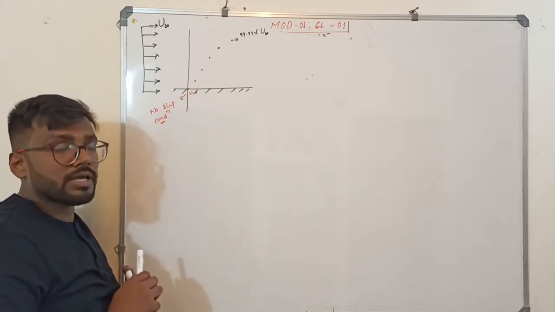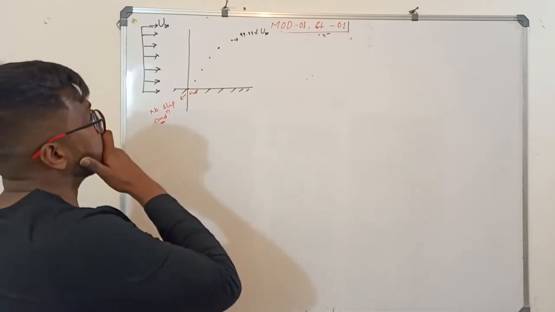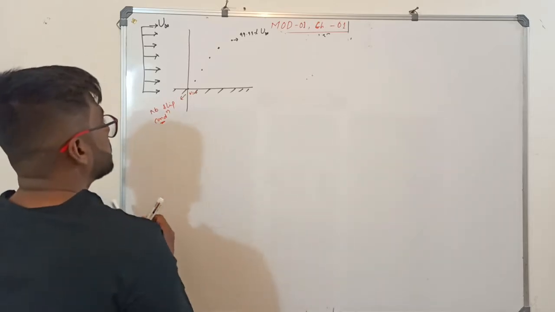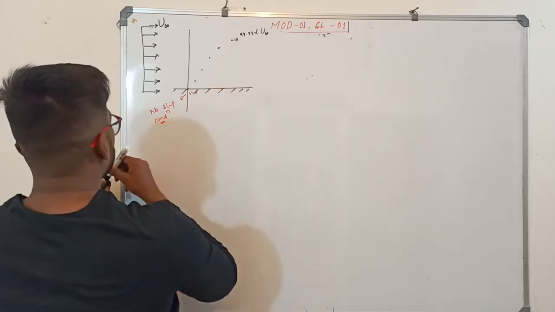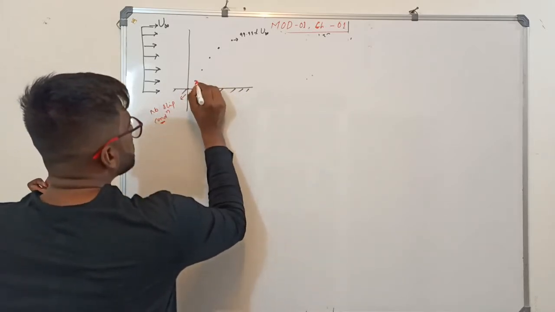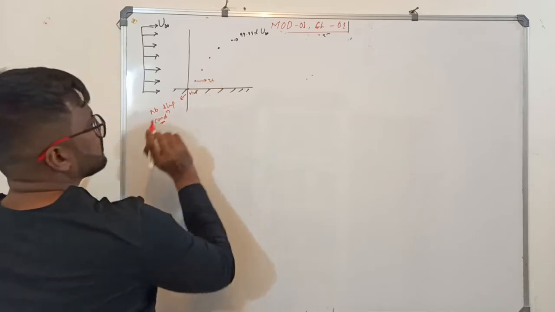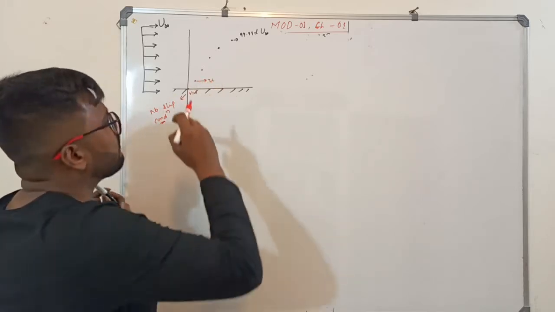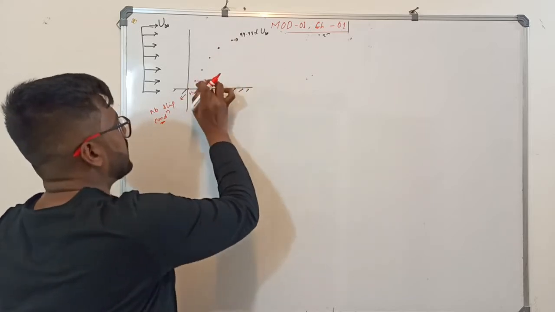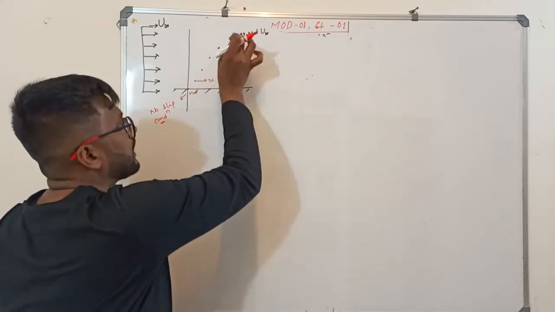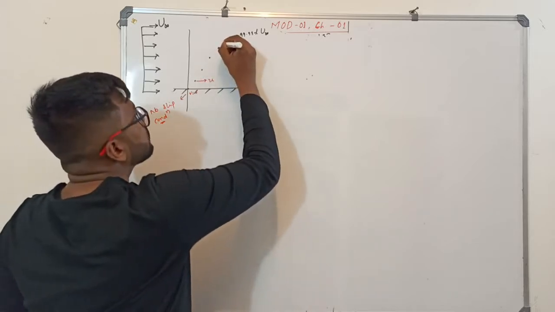Understood? Okay. So sir, what are you trying to prove here? Let us say the velocity at this point is u. Definitely its adjacent particle, see, I am considering these as adjacent particles, 1, 2, 3, 4, like that. There are so many particles.